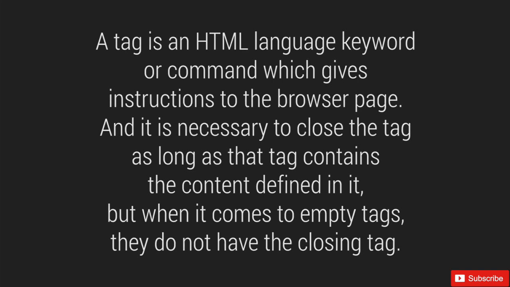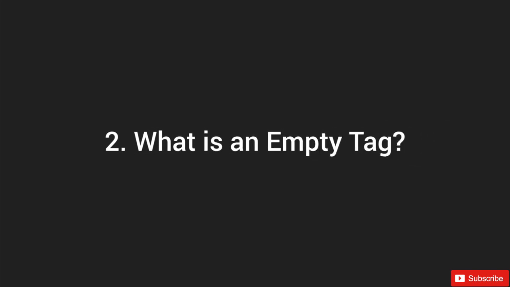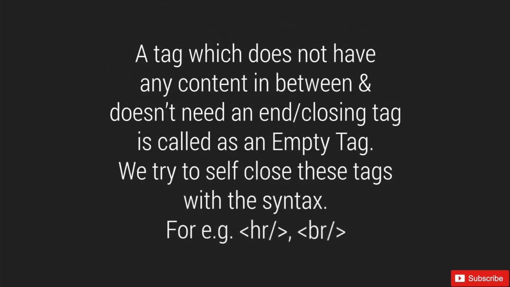And that's the second question. What is an empty tag? A tag which does not have any content in between. So you can say that it is empty content, and that's why they are called empty tags. Also, when we do not have the closing tag, we try to self-close these tags with the syntax like HR and BR we have already seen in the example.